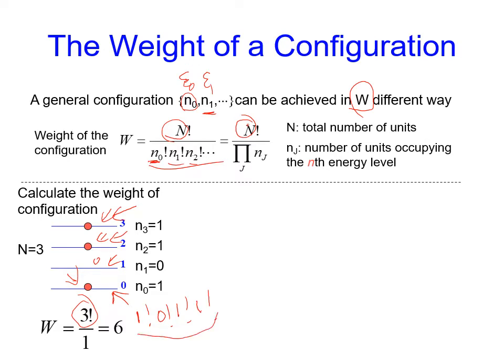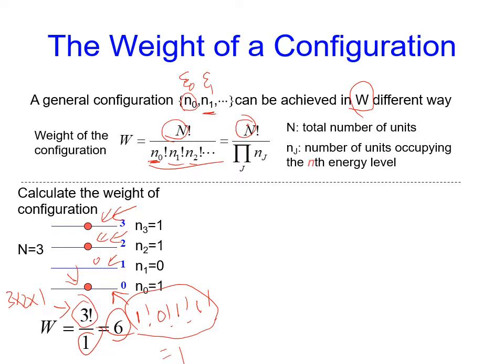Now all of these equal 1; 1 factorial or 0 factorial, they equal 1. Now 3 factorial means 3 times 2 times 1. That gives you 6. So the weight, according to this equation, is 6.